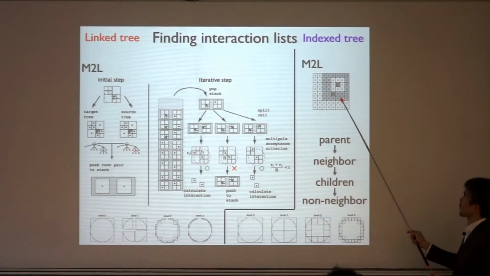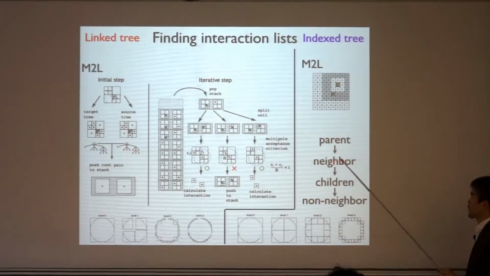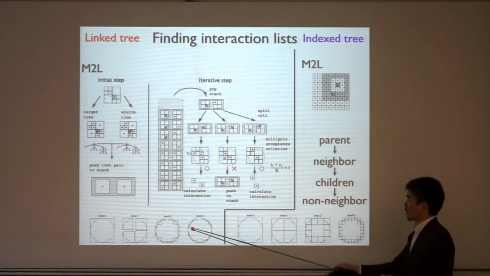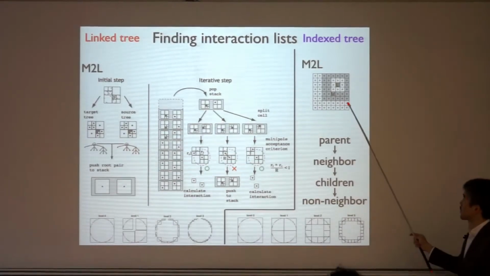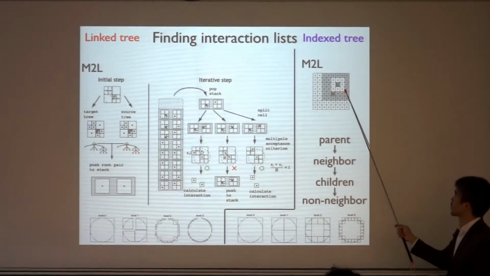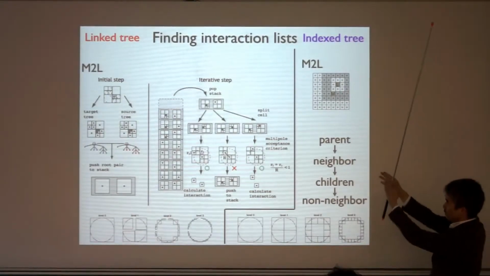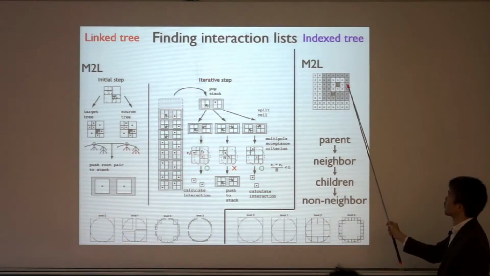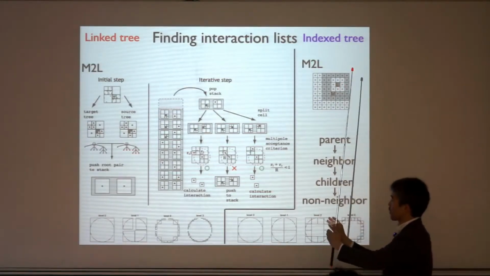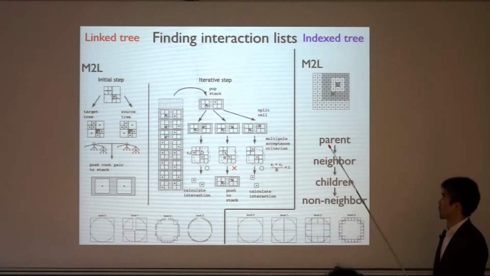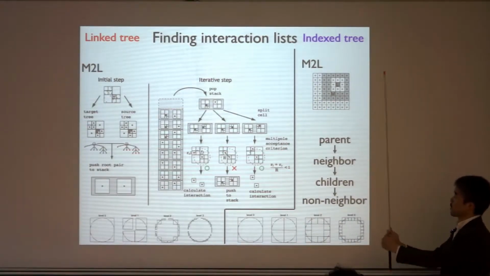Then it's difficult to use the parents, neighbors, children's non-neighbors approach if the boxes are rectangles, because your neighbor could actually be too close for interaction. Say that all these boxes were very thin rectangles. The one that's two boxes away from you could still be quite close and not satisfy the Taylor expansion criteria that we mentioned yesterday. So you need them to be far.